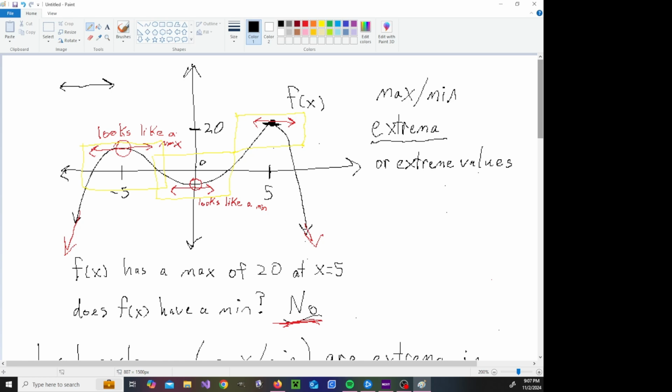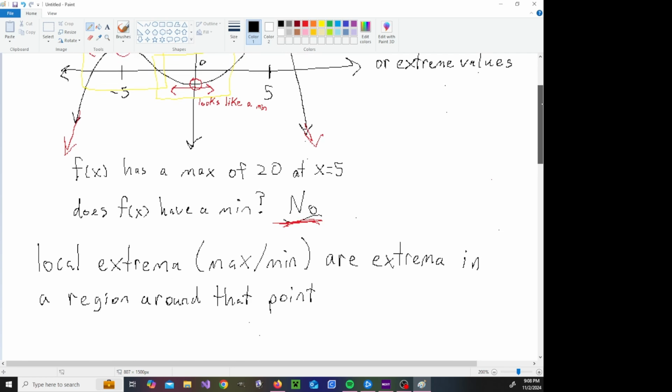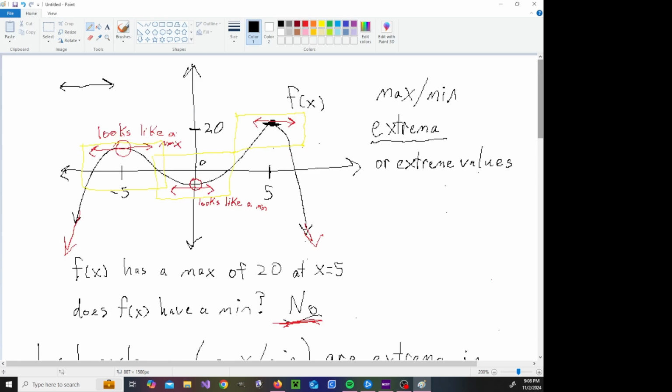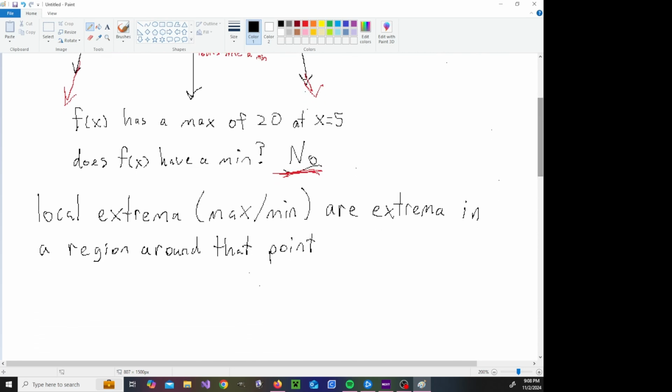Now, that is different from being the actual maximum value of the function. It looks like it is, and certainly it is a candidate to be so, but that doesn't mean I am the maximum value of the function. So we want to distinguish between these new local extreme values and these extreme values that work for the entire function. So instead of local extrema, for the genuine extreme values, I would say those are global.